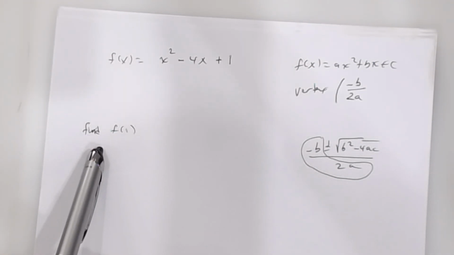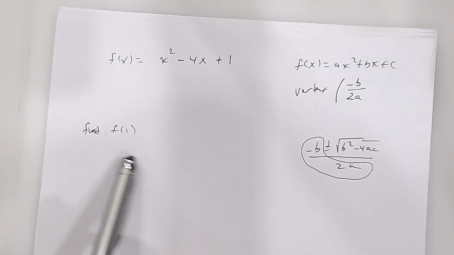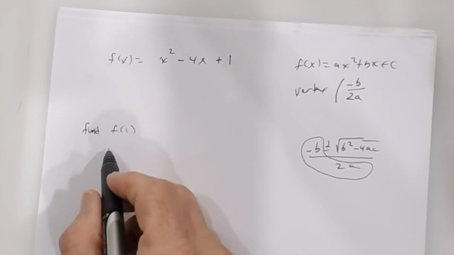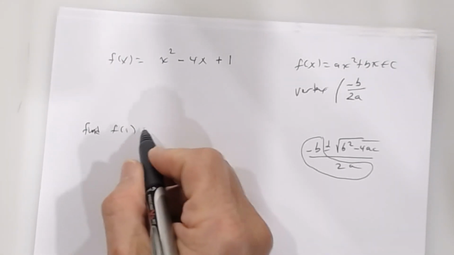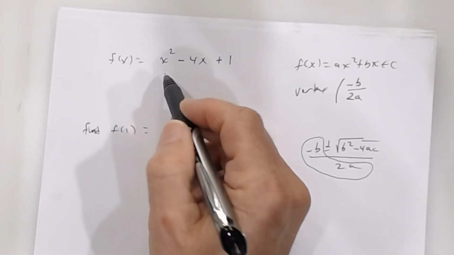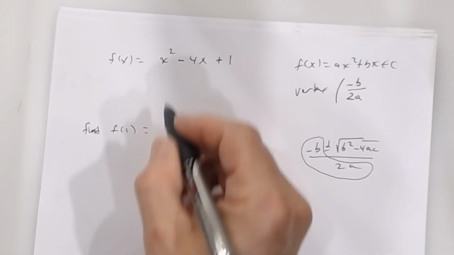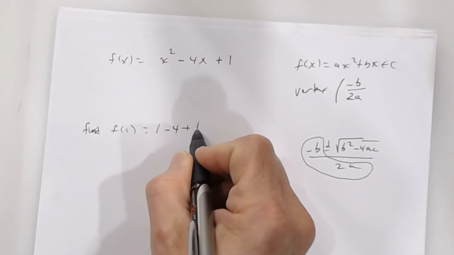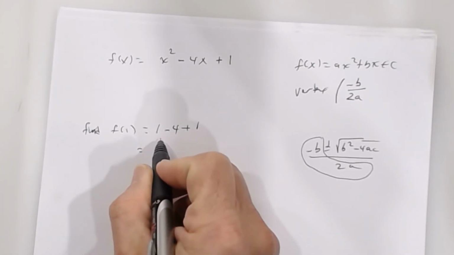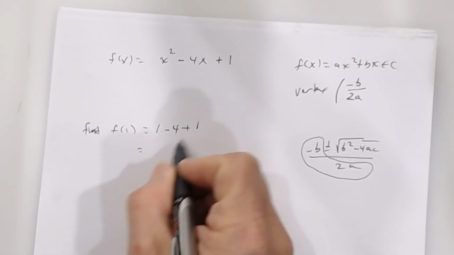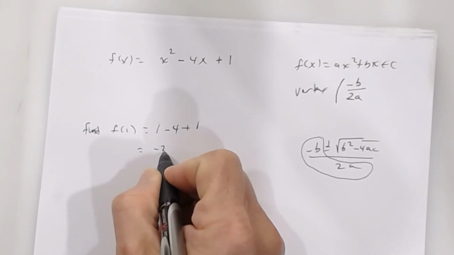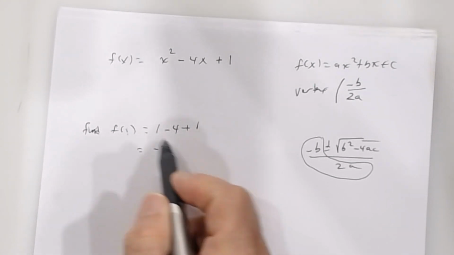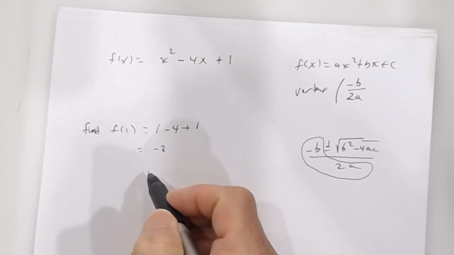Okay? So I'm bringing this up to explain what this is. Let's go ahead and find it. So f of 1 would be 1 squared, which is 1, minus 4 times 1, which is 4, plus 1, right? So f of 1 is negative 3 plus 1, which is negative 2. Y'all agree? So remember, this is your x, this is your y.